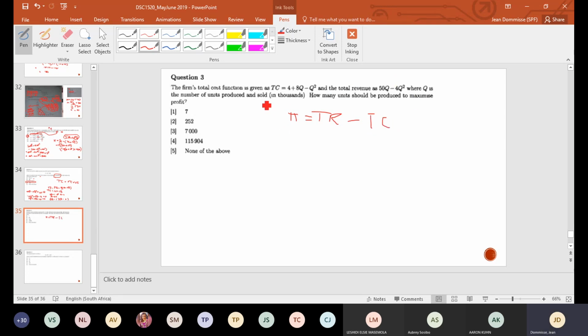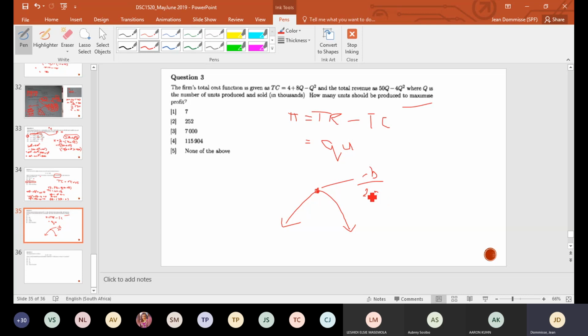You will get a quadratic function, and to maximize the profit is at the turning point. So it would have been a function like that, because it would have been negative. So the turning point to maximize would be where you then would have said minus B over 2A.